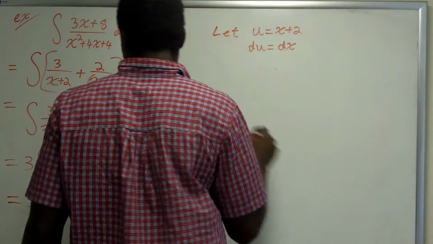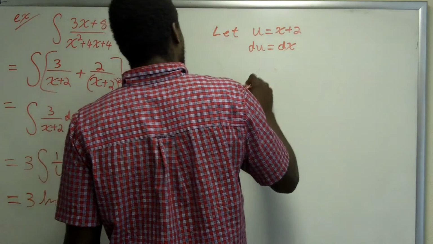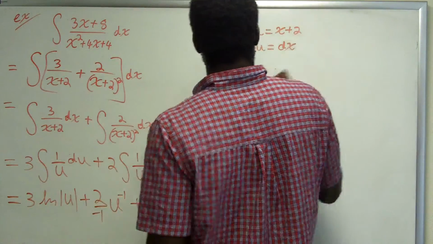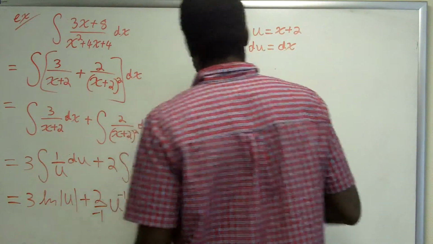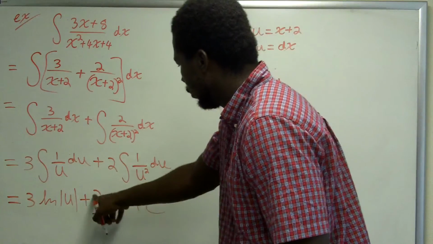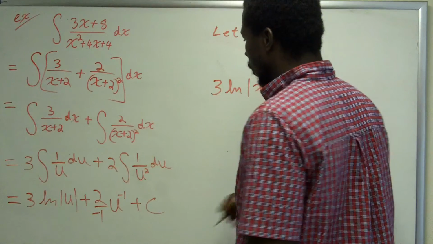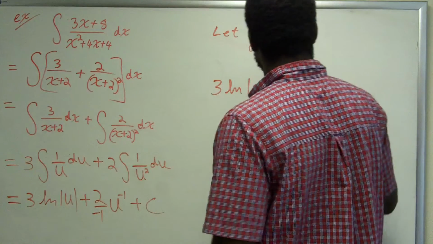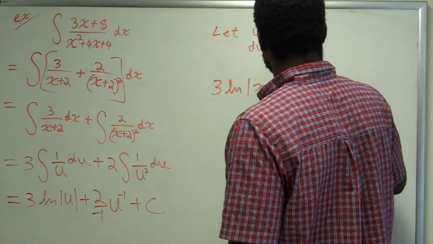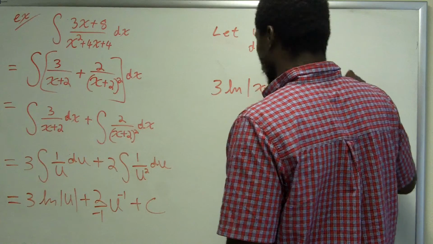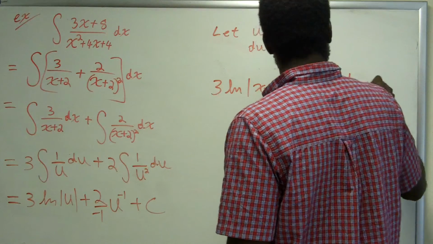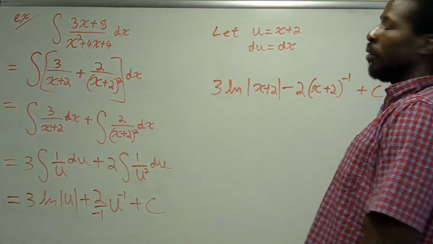Let's see, we have 3 times the natural log of the absolute value of u. Well, u is x plus 2. And then minus 2 over negative 1 is minus 2 times 1 over u, or that's actually x plus 2 to the negative 1 power, plus c, and then we just clean that up by getting rid of the negative power.